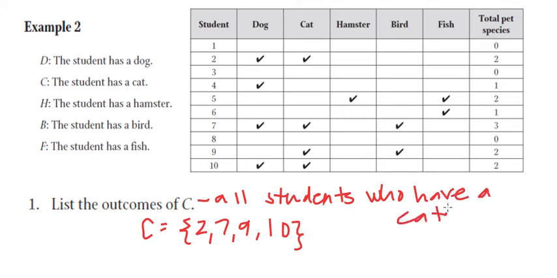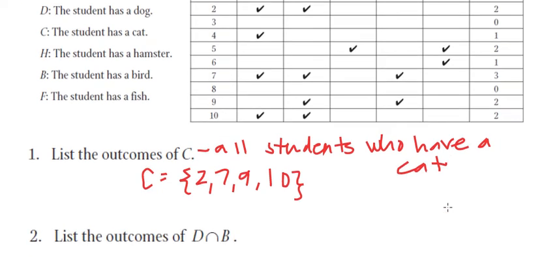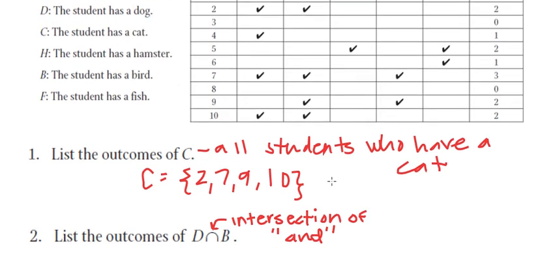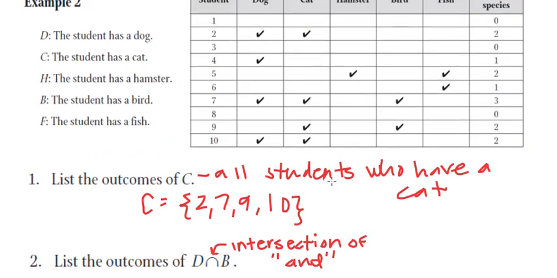All right, so the next one that it's going to ask you for here is D, and then this symbol here is the intersection of. So again, that means intersection of, and it means and. So it wants the intersection of students who have a dog and students who have a bird.